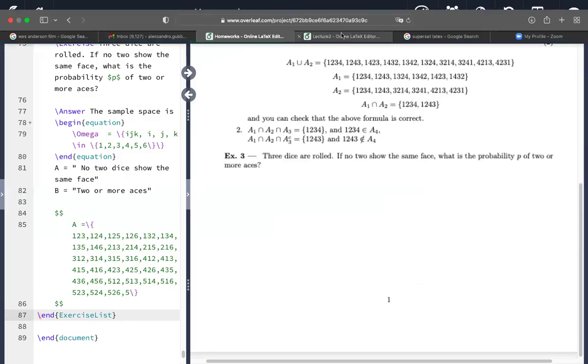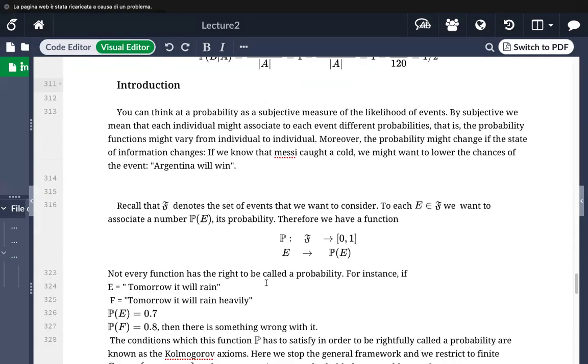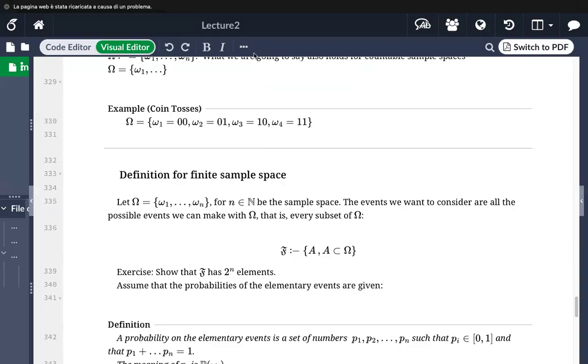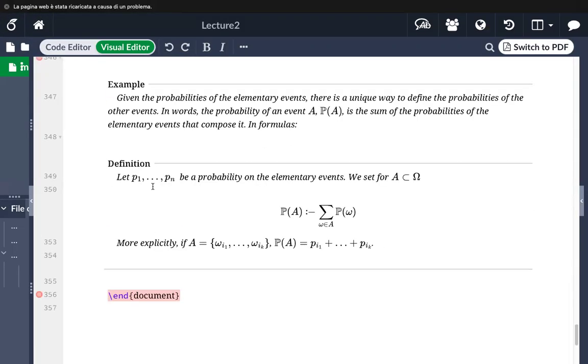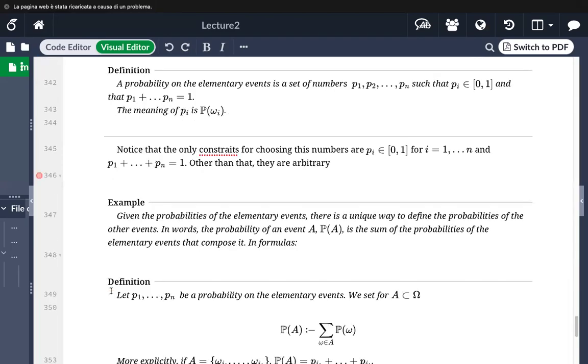So let me finish with an example which is a little bit creepy, but it actually happened for real.